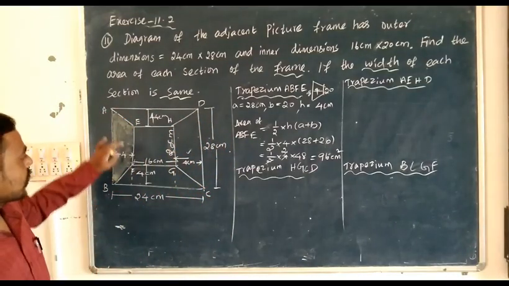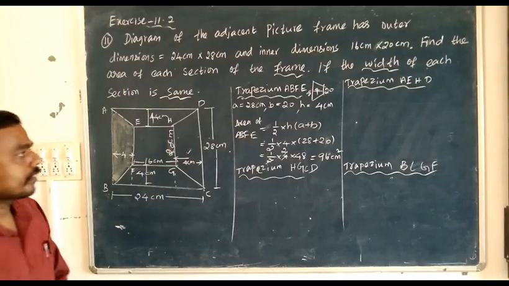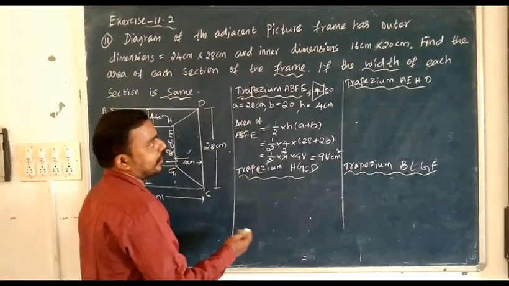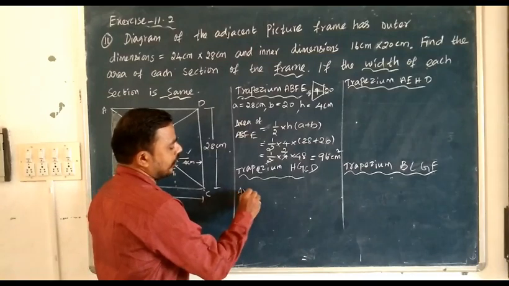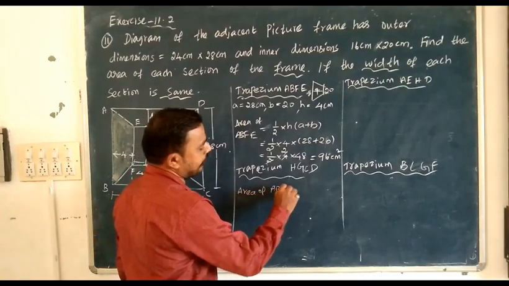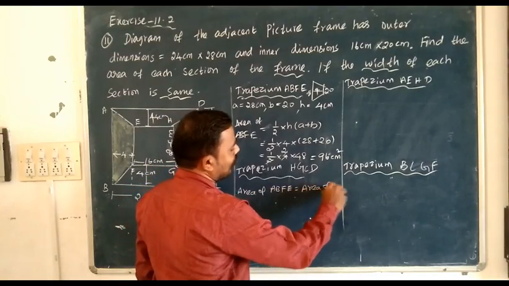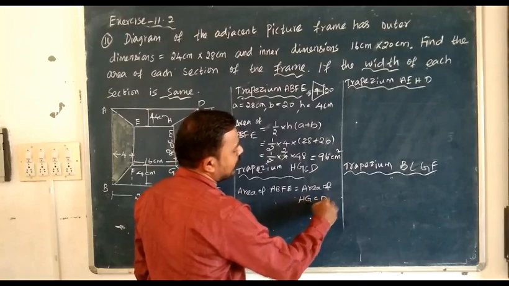So the area of the first section is the same for the other section. Similarly, this is also the area. So two ways you can write the answer. Both are equal: area of ABFE equals area of HGCD. Why?